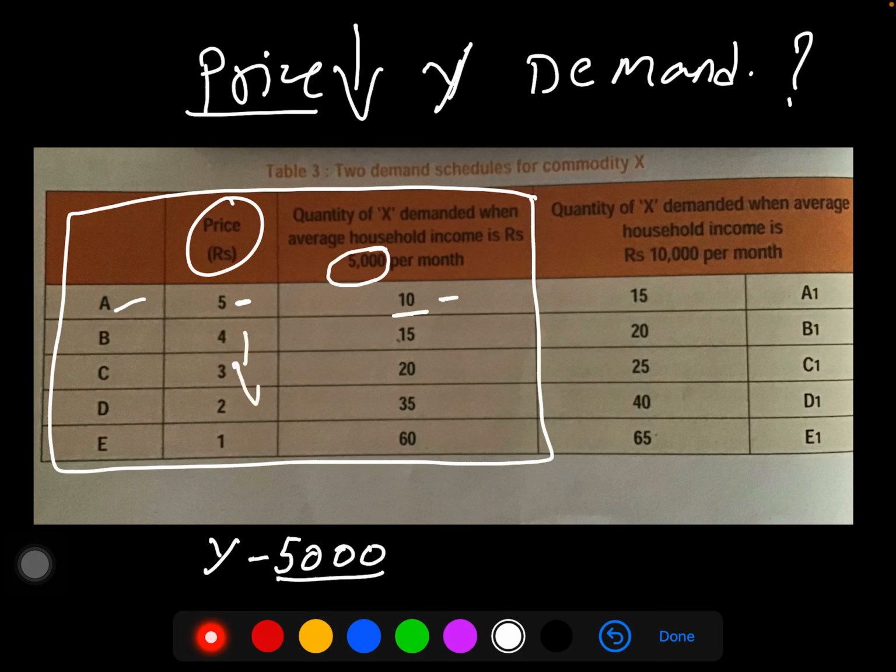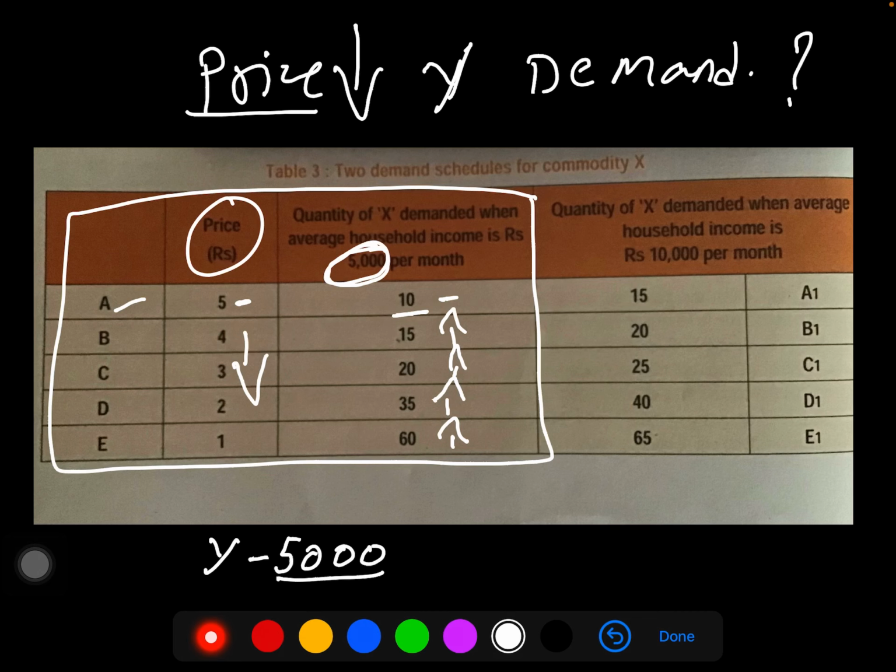As price started deteriorating, demand started increasing: 15, 20, 35, 60. So price is decreasing and demand for the good is increasing when income is 5,000 rupees.